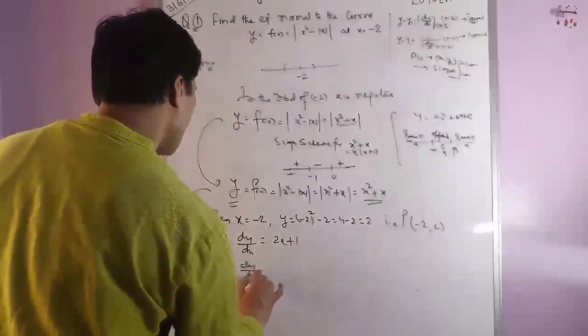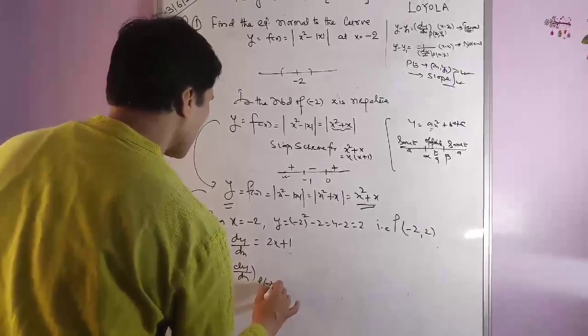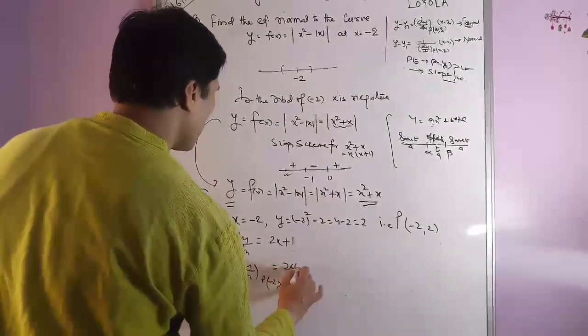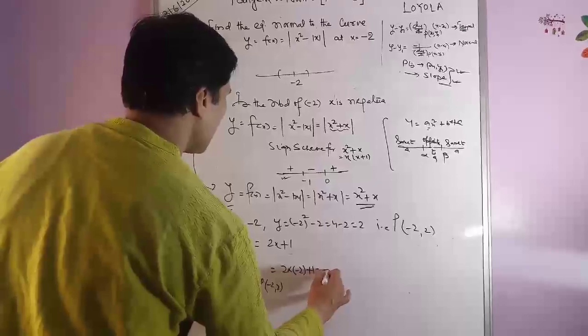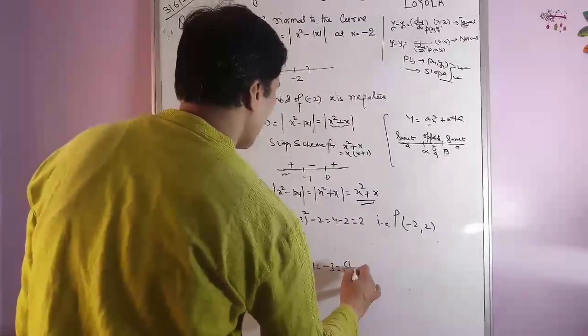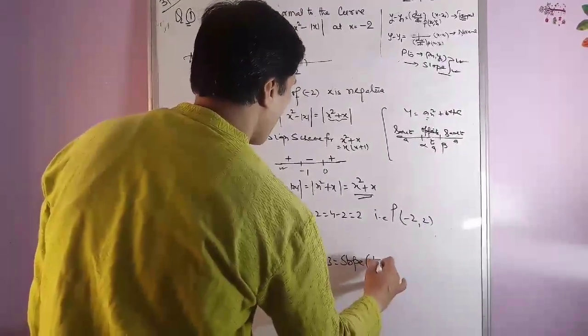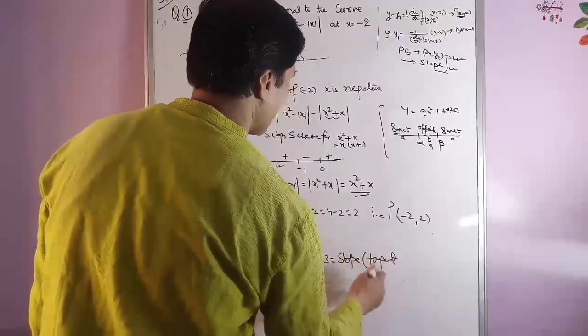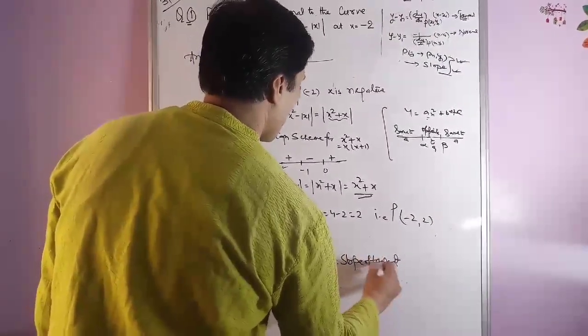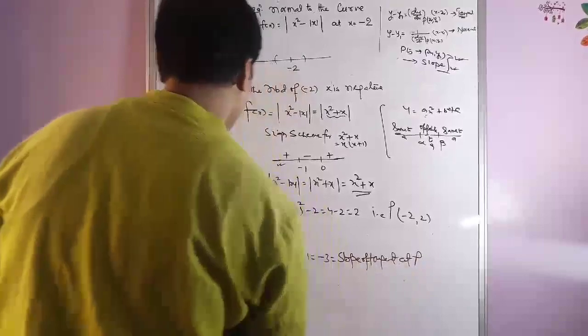So dy by dx at point P(minus 2) equal to 2 into minus 2 plus 1, this is minus 3. This is the slope of tangent at P.